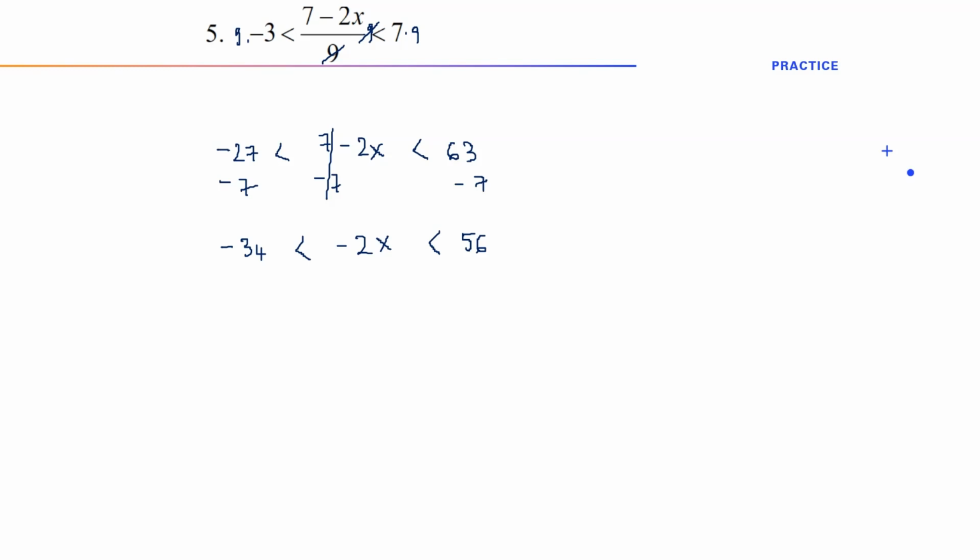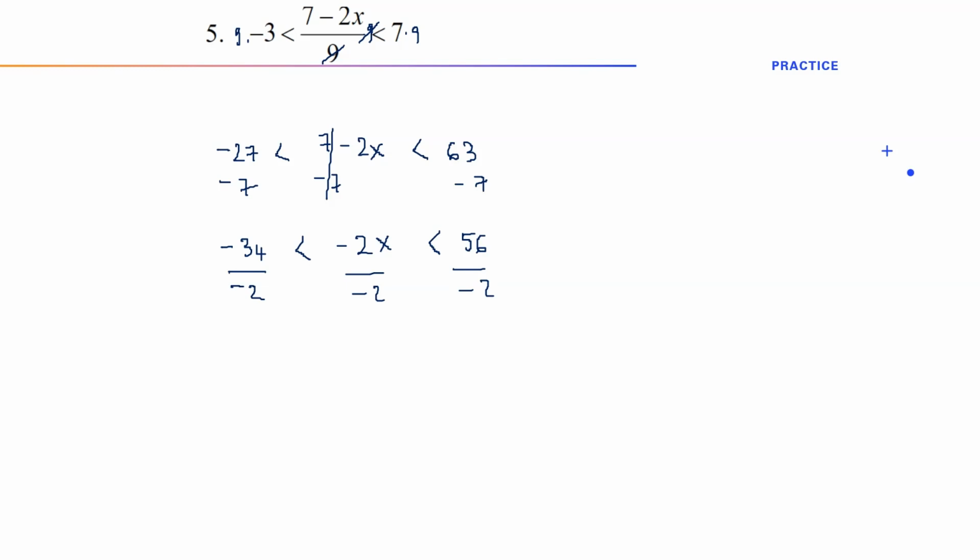Now we divide all by negative 2, making sure we change the inequality directions. So divide by negative 2, negative 2, negative 2.